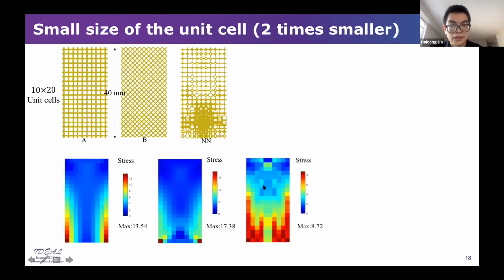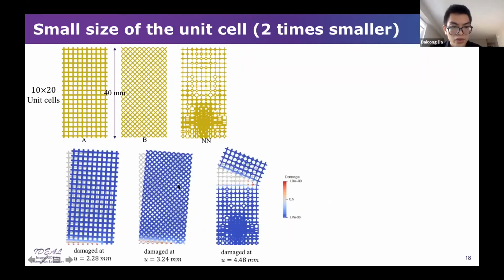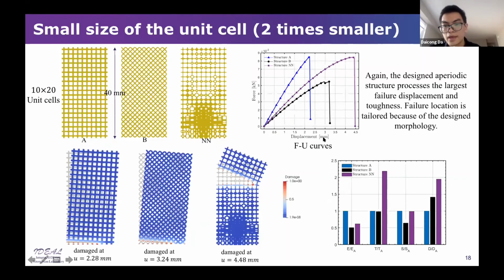And for the homogeneous stress, we can see again that it's much better than the other classical structures A and B, and the fracture simulation gives us that the damage displacement and also the fracture location is totally changed. Again, the force displacement curve, we explain everything.